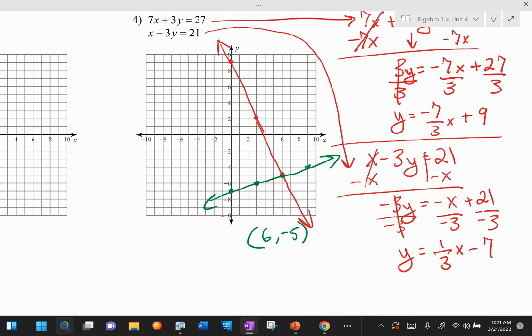Yep. And then you go up 8 over 7. Yeah, just rise over run. 1, 2.